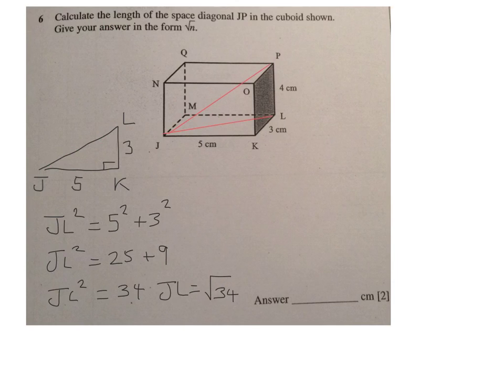And because our question has the answer in the form of root n, you want to keep your JL in the form root 34.